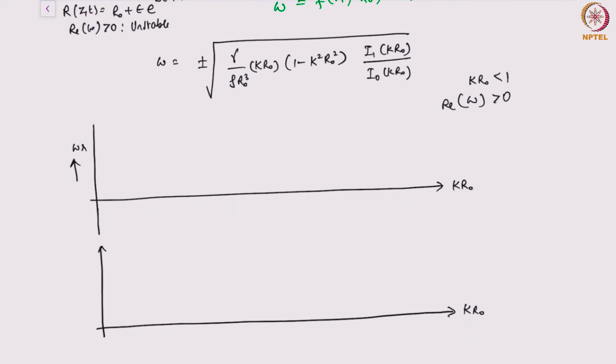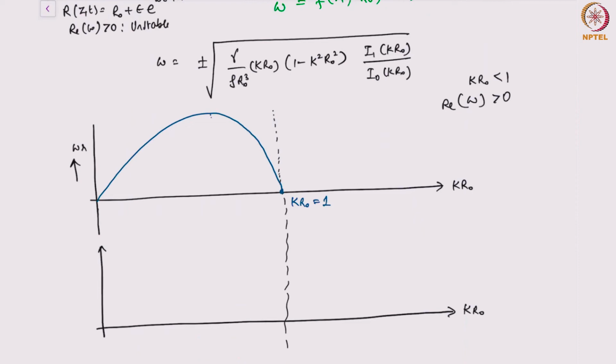So where is it unstable? I can make a plot this way. When k r naught is less than 1, where k times r naught is equal to 1, you have an instability. Let me try again. That's better. You have a growth like this, right?